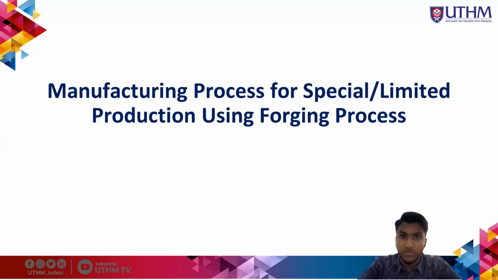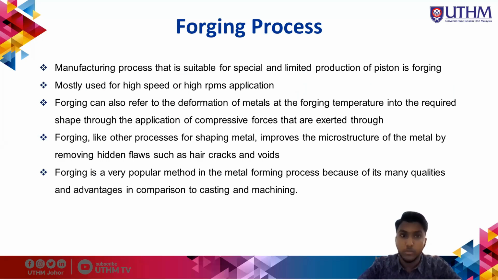Next, I'll explain about the manufacturing process for special limited production using forging process. The manufacturing process that is suitable for special or limited production of piston is forging because it is used in high speed and high RPM application. Forging refers to a deformation of metal at the forging temperature into the required shape through a compressive force.